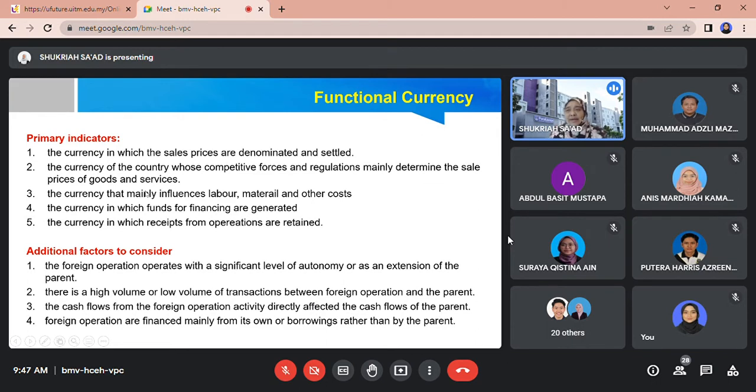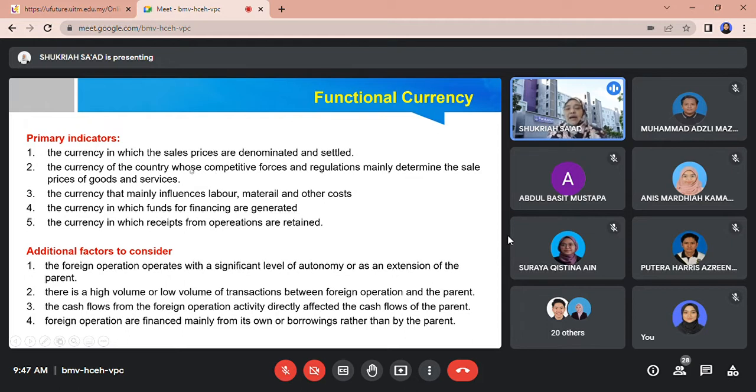Ini ikut hierarchy ya. Maknanya the best indicators to determine dia punya primary economic environment by looking at the transaction of sales and buying. Sales price. Number 3, tengok kepada cost involved. So cost involved ni dia punya priority kurang sikit.